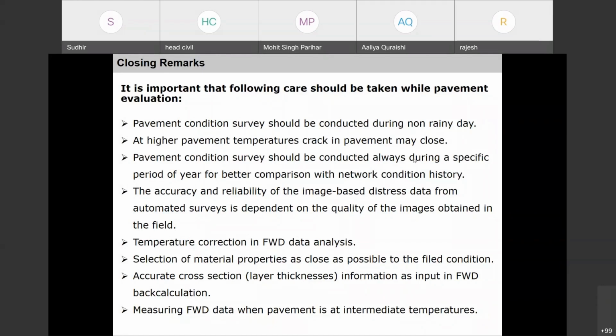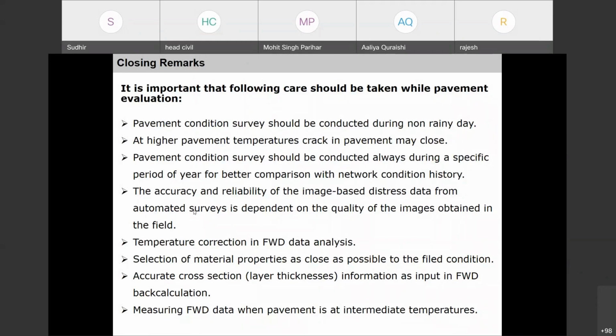Okay. Then when you are doing pavement surveys, you should understand that the accuracy and reliability of conducting an automated survey is dependent on the quality of the images or videos that you are collecting.